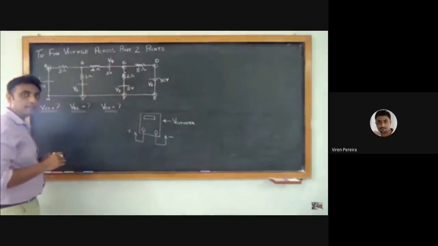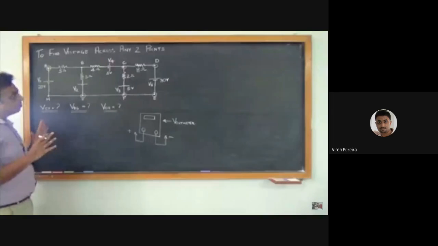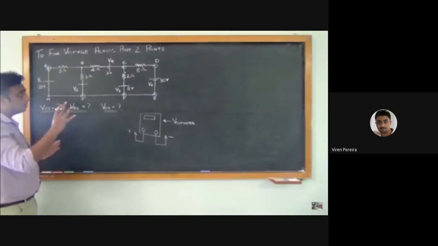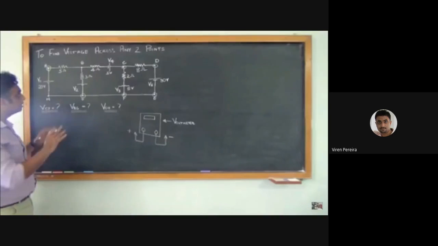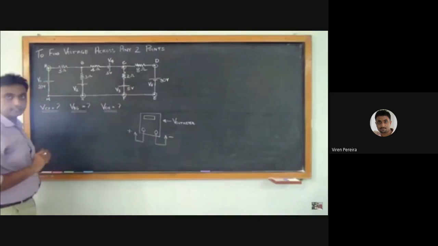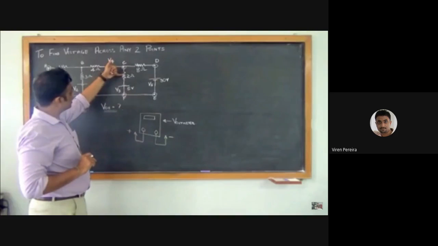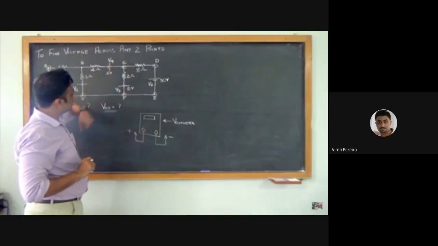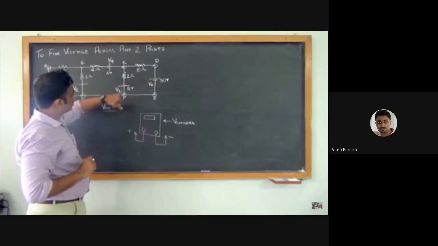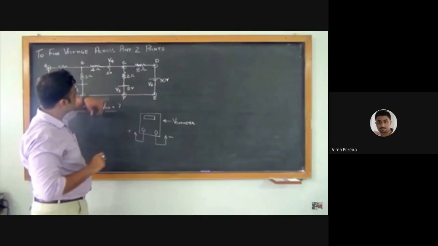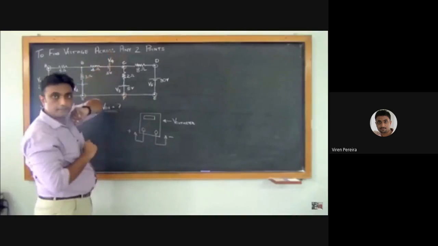Now practically, if we want to find out the voltage, what we do is, if we have a circuit like this, and you want to find out the voltage across this resistor and this voltage source of 5 volts, the 2 points will be here.